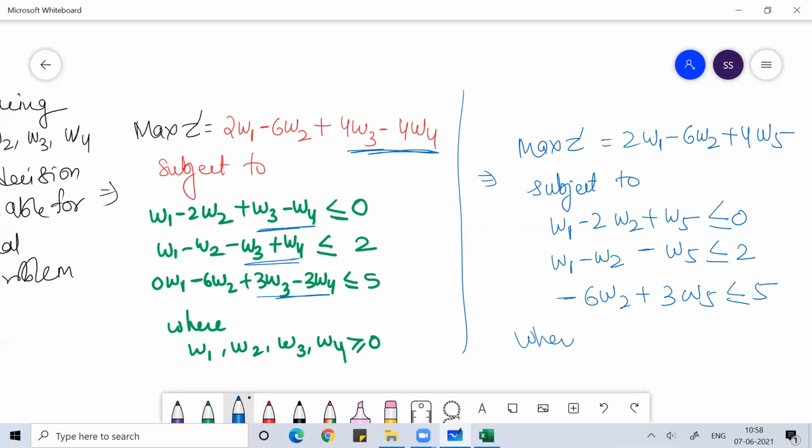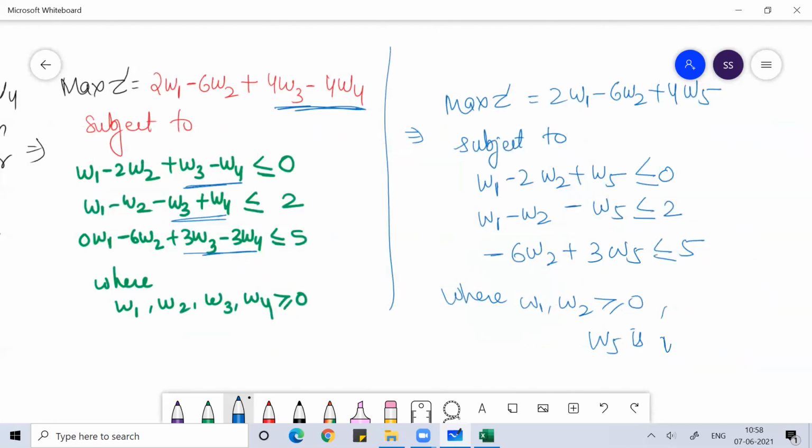Where W1, W2 are greater than or equal to 0 and W5 is unrestricted, where you are writing W5 is equal to W3 minus W4. So this way I made this primal much more simpler.